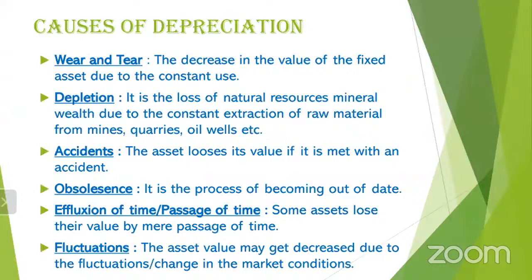Next, depletion. It is a loss of natural resources, mineral wealth, due to the constant extraction of raw materials from mines, quarries, oil wells, etc. If we continuously extract those minerals from mines, the asset will decrease. For example, oil from wells.